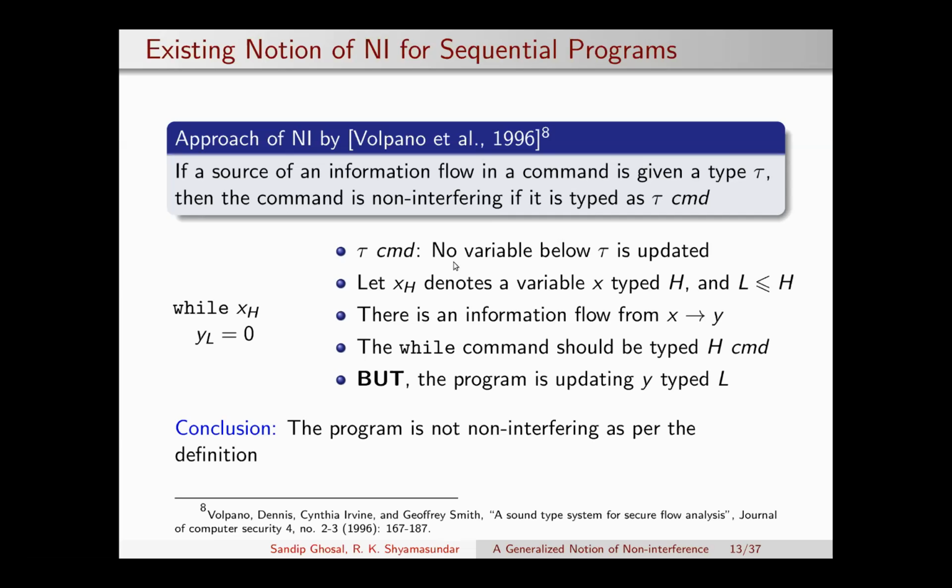Therefore, if we understand from this example, while y equals 0, if the command is given hcmd or h command, then there should be no variable updated in that command whose level is below h. But we can see that the level of y is L, which is below h. Therefore, the program is not non-interfering.